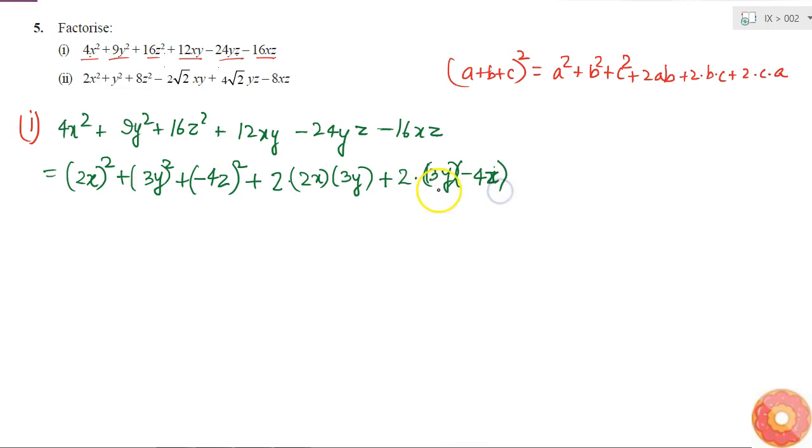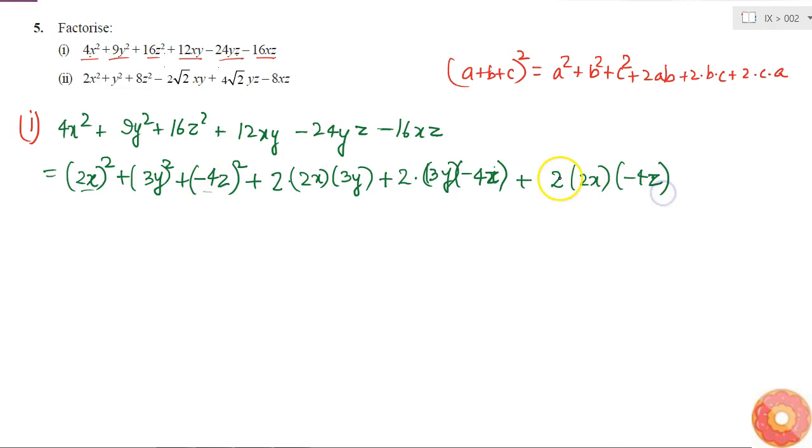If I separate it like this, then as you can see, 3y into minus 4z into 2 is the same as minus 24yz. And this one will be 2 into 2x into minus 4z, which is the same as that one.